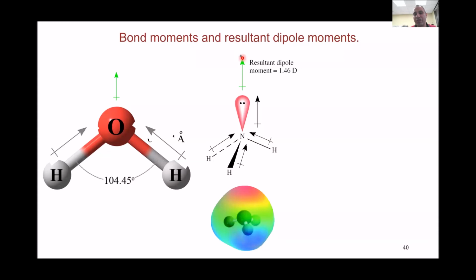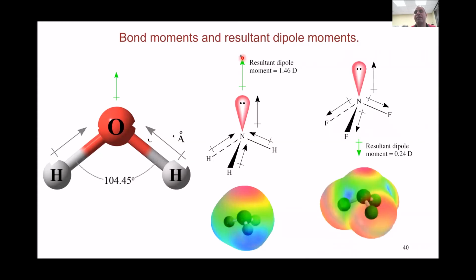The direction of the dipole moment is going to depend on the electronegativity of the atoms involved. Since fluorine is more electronegative than nitrogen, the dipole moment is going to run in the opposite direction, and the overall dipole moment of the molecule is actually going to be also in the opposite direction with a smaller magnitude because the electronegativity difference in this case is much smaller than the electronegativity difference in the ammonia case.